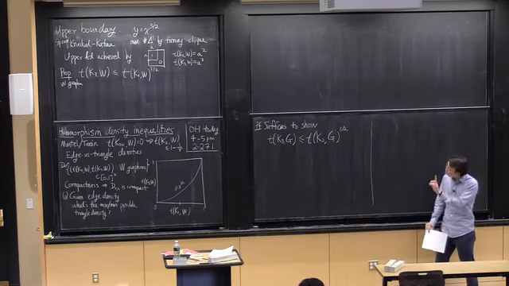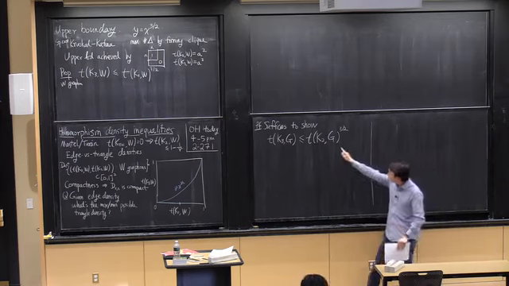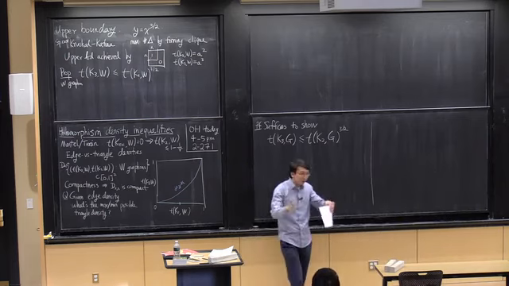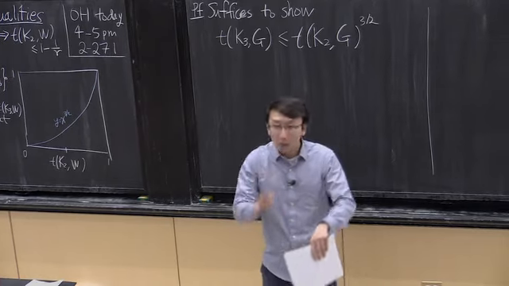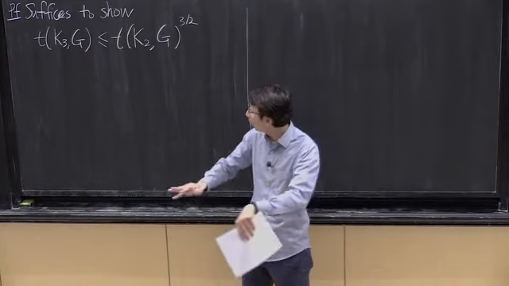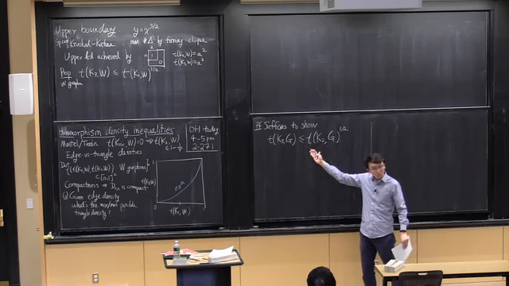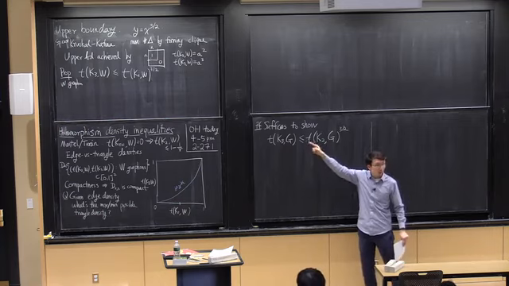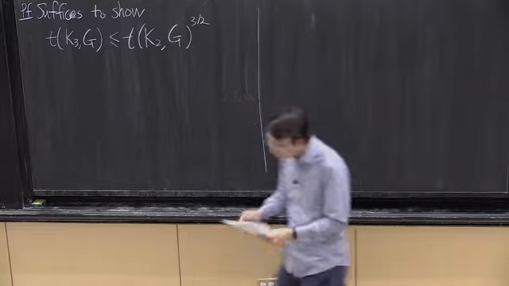Let me belabor this point a little bit more. This inequality is a subset of those inequalities up there because graphs sit inside the space of graphons. But because they sit inside in a dense subset, if you know this inequality and everything is continuous, then you know that inequality. So these two are equivalent to each other.